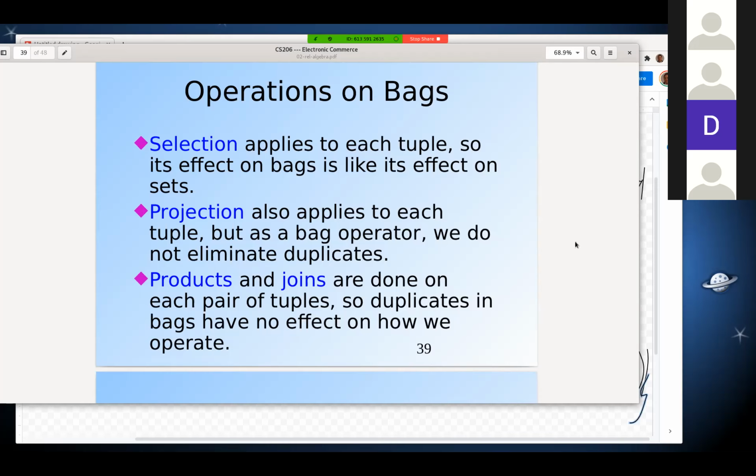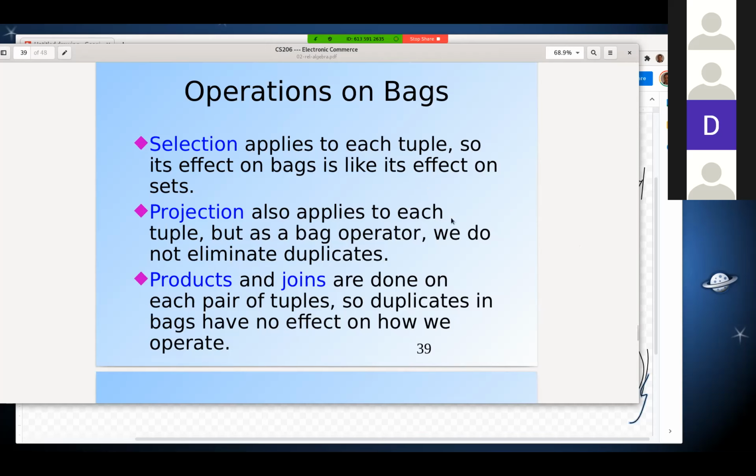To turn all your bags into sets, you have to have explicit operations inside of SQL to do that. Okay, good. This is not so complicated, but it's important for us to get the terms right because they are distinct things.